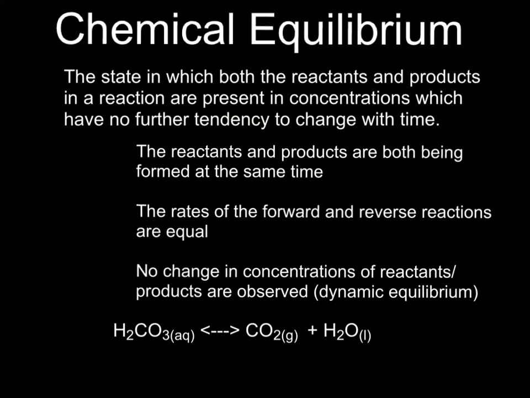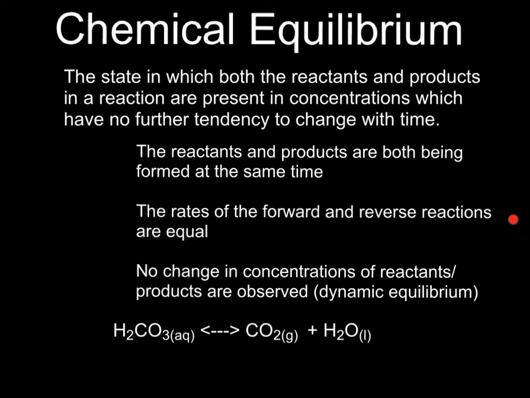So what exactly is equilibrium? Chemical equilibrium is the state in which both our reactants and products in a given reaction are present in concentrations that have no further tendency to change with time. For as many reactants as are turning into products, a certain number of products are turning into reactants. They're both being formed at the same time. When a reaction is in equilibrium, the rates of the forward and reverse reactions are equal.